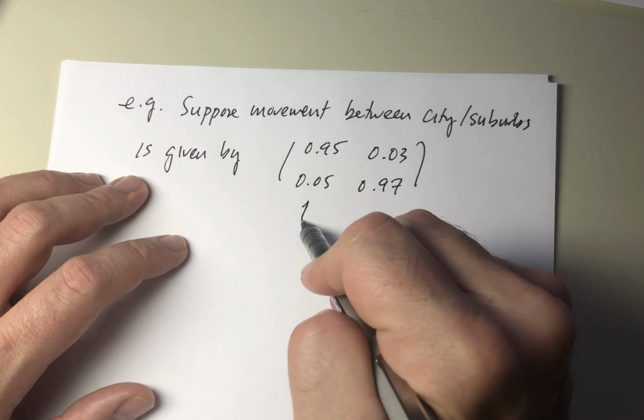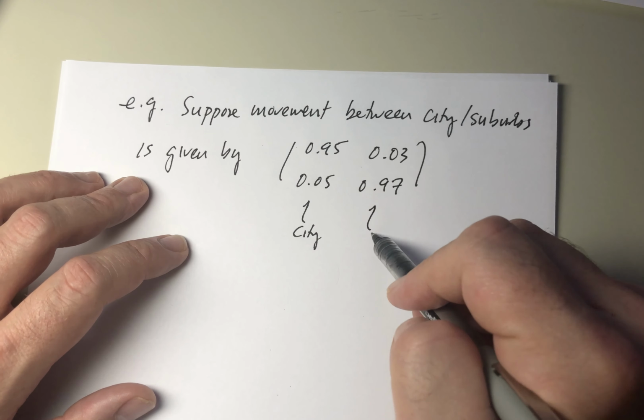So think of this as the city column. This is the suburb column.